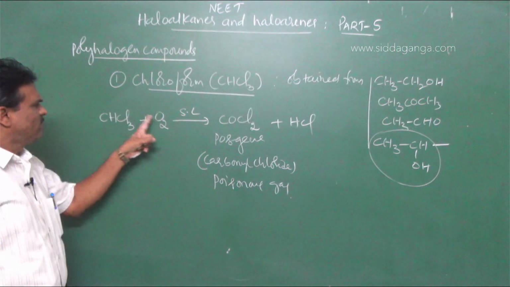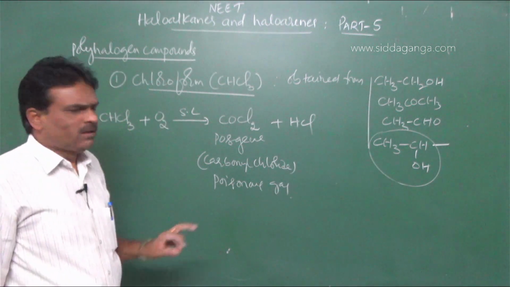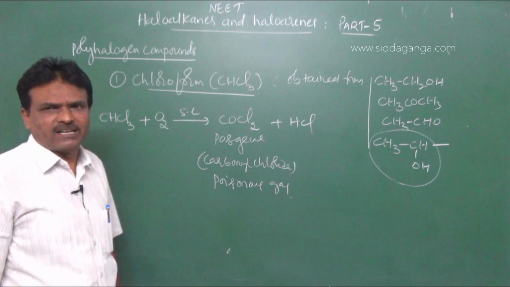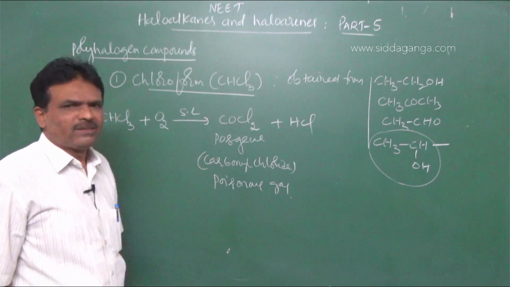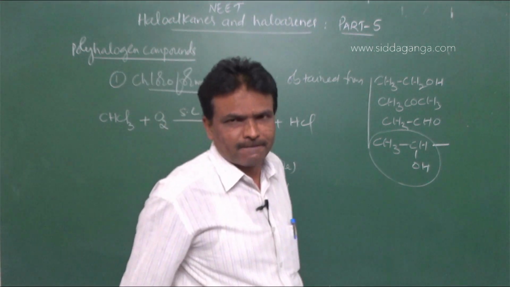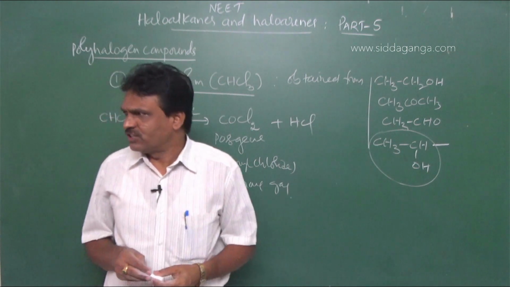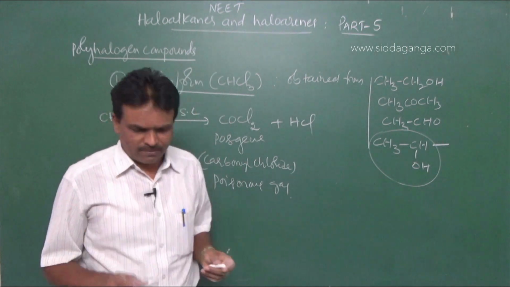So chloroform reacts with oxygen in the presence of sunlight to form phosgene. Clear? This is the action of oxygen on chloroform.